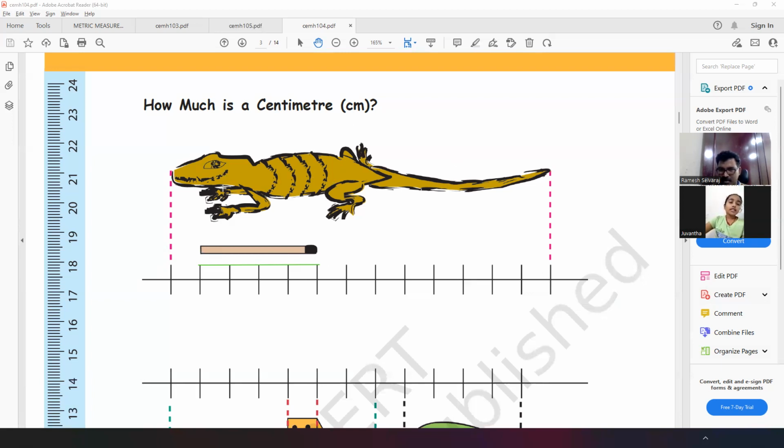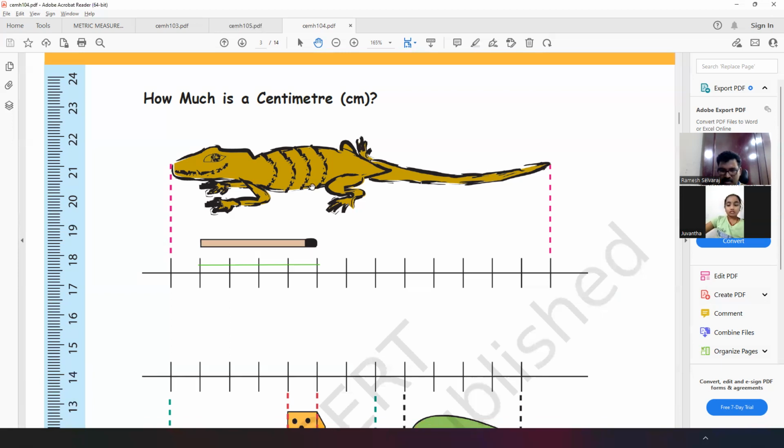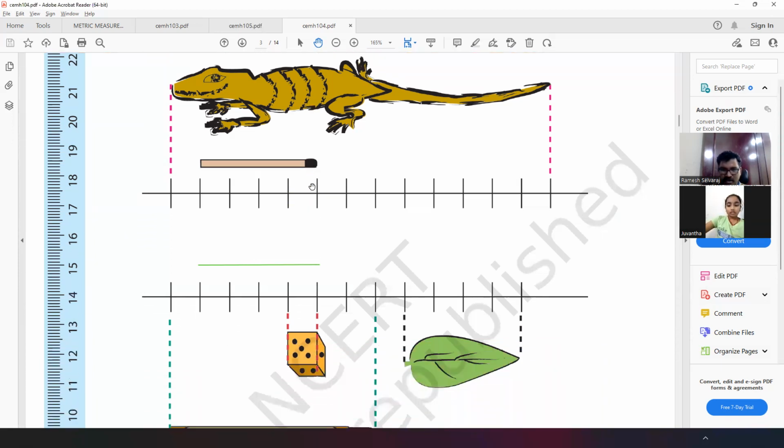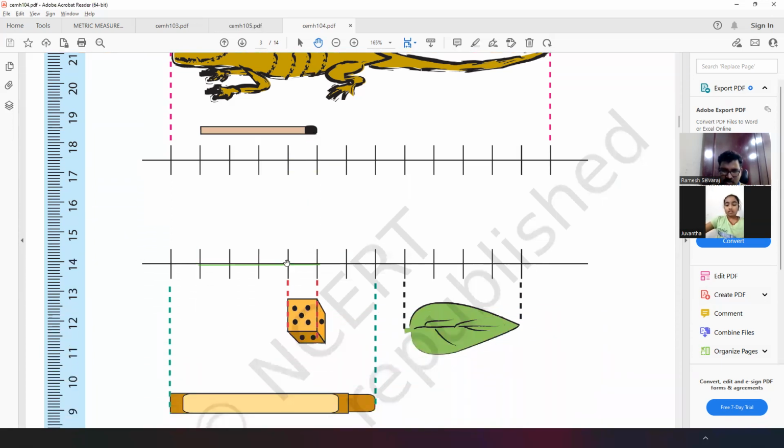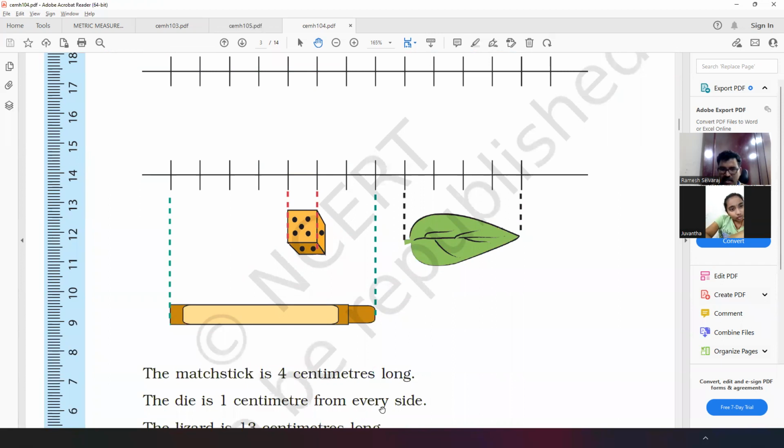This one is 13 centimeters long, and the matchstick is 4 centimeters. Then you see here, this is 0, this is 1, right? So how many centimeters long is this die? The die is only 1 centimeter long, from here to here.